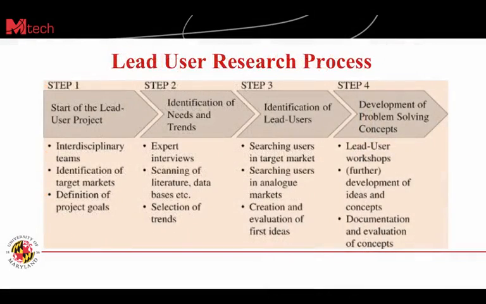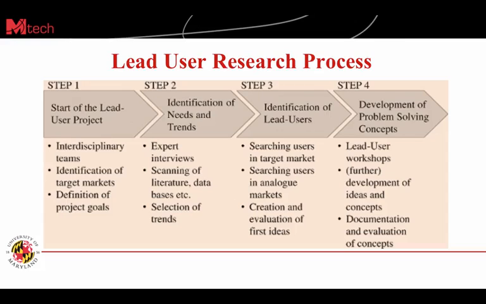So this is, again, an overall summary, just to recap, of the lead user research process. As you can see, step one is you start up the project, you get an interdisciplinary team, you identify target markets, you define your goals. In the second step, you identify the needs and the trends that are out there in the marketplace. And how do you do that?